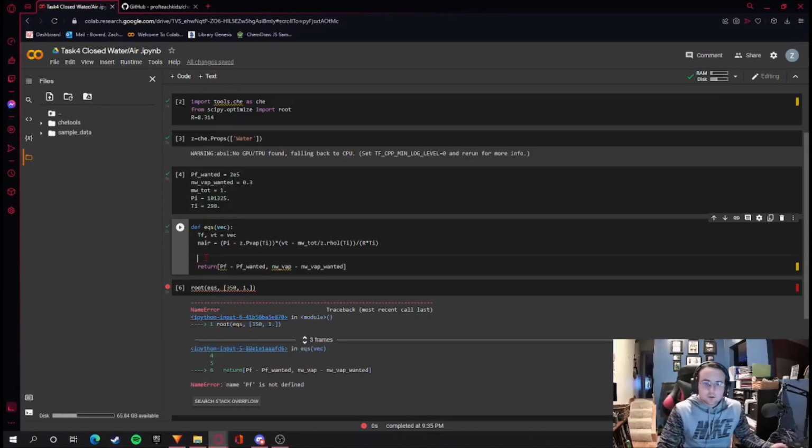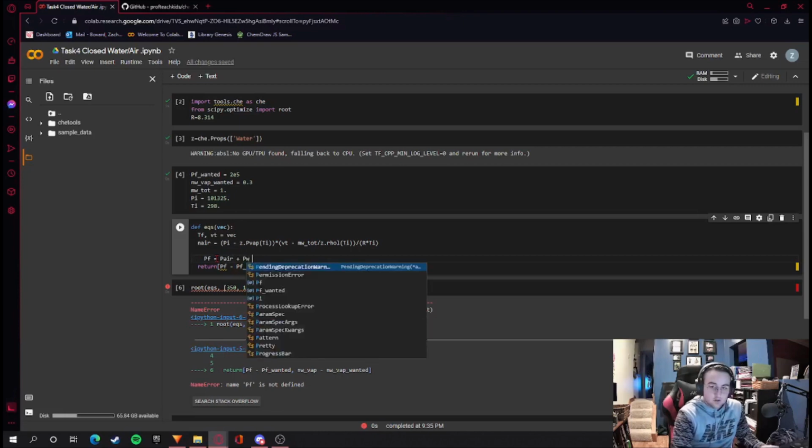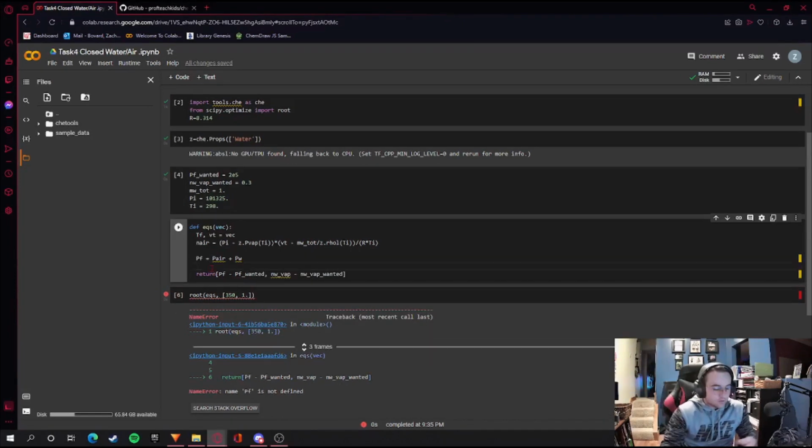So next we are going to draw a relationship between our functions, or our equations, our two equations, and our two unknowns. So to do that, we'll do PF is equal to the partial pressure of air plus the partial pressure of water. Then we are going to do an equation for our moles in the vapor phase.